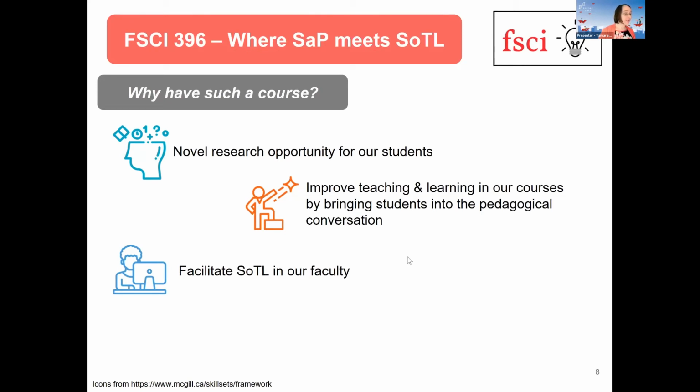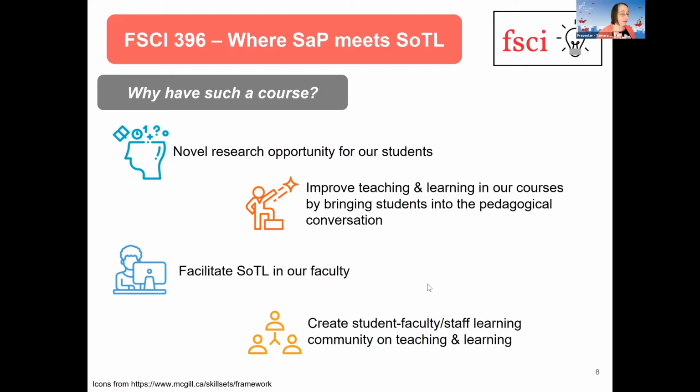This gives them the opportunity to start to do some research into their courses with a partner who is very invested and can bring a different viewpoint. Also, because we're starting to have these conversations within the course, within the cohort of students, between the professors and the students involved, and we start talking to our friends and their friends, it helps facilitate a learning community on teaching and learning within the faculty as well.